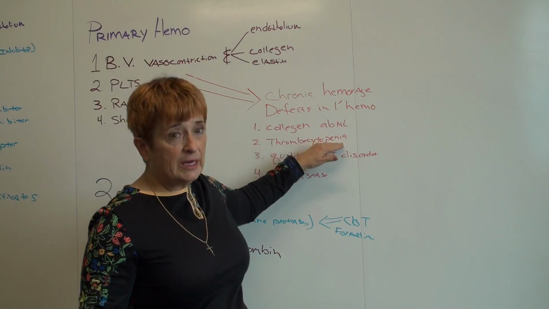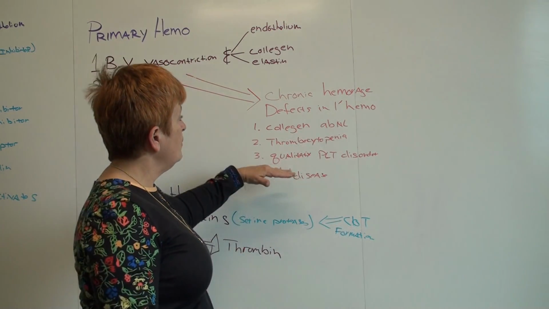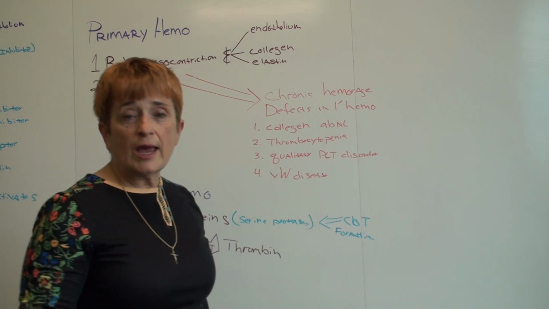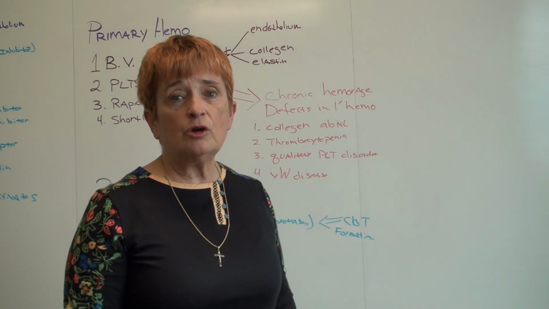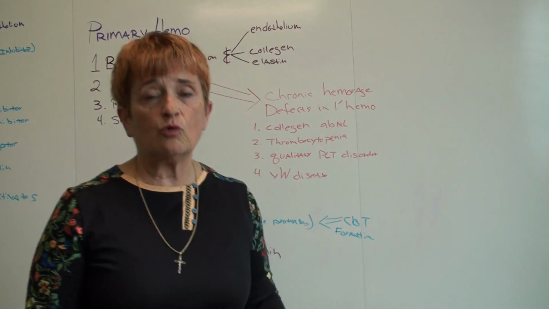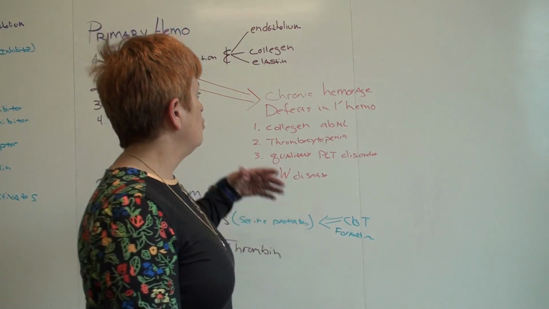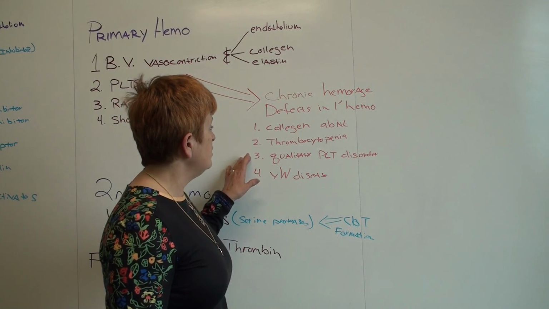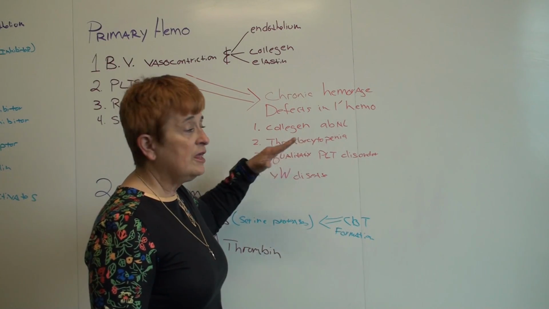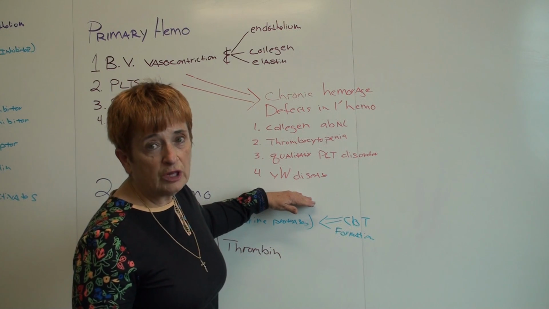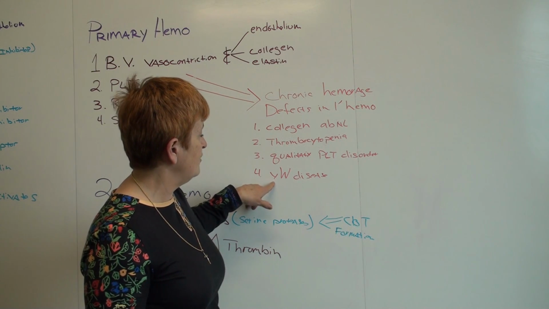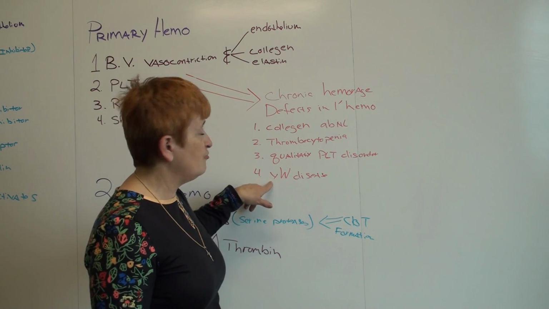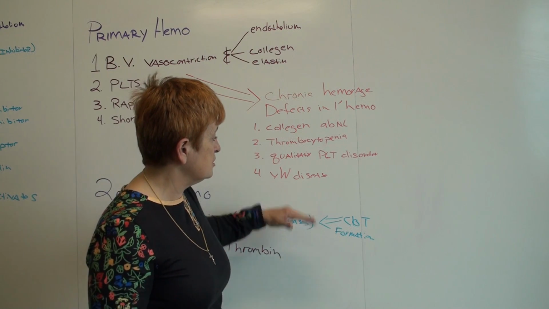I have thrombocytopenia, decreased platelets, or maybe I do have enough platelets, but it's a qualitative platelet disorder and my platelets aren't working. Maybe they're missing my glycophorin, or I'm missing receptors, whatever, or maybe I don't secrete my granules. So lots of different things I could have with qualitative. And then I did mention von Willebrand's disease. Now we always abbreviate with a little v and a w. VW disease, von Willebrand's disease.